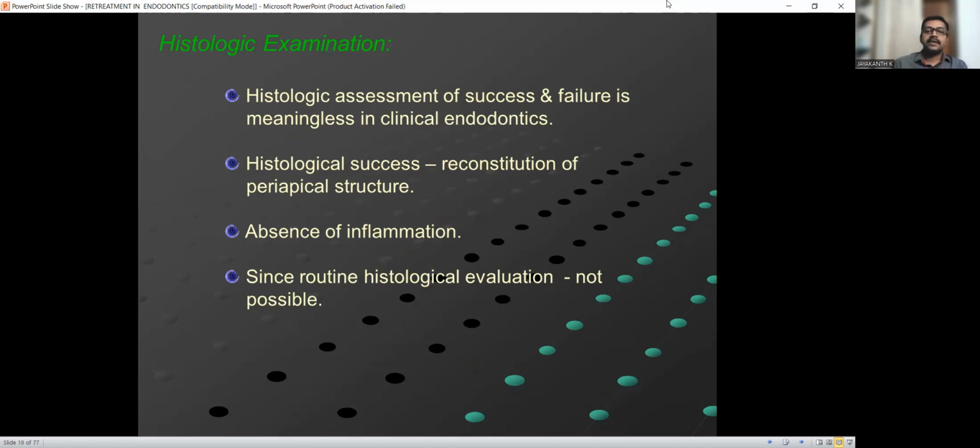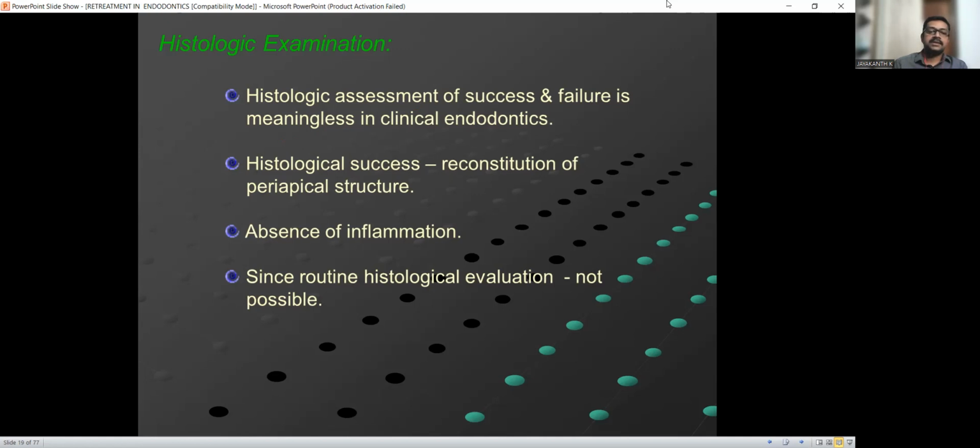Histological success depends on the reconstitution of periapical structure. So basically, how we evaluate histologically is based on the reconstitution or remodeling of the periapical tissues, the reconstitution of periapical structure that has been destroyed, then absence of inflammation.